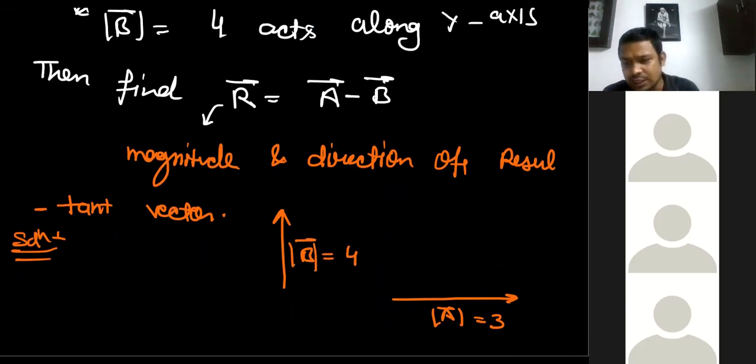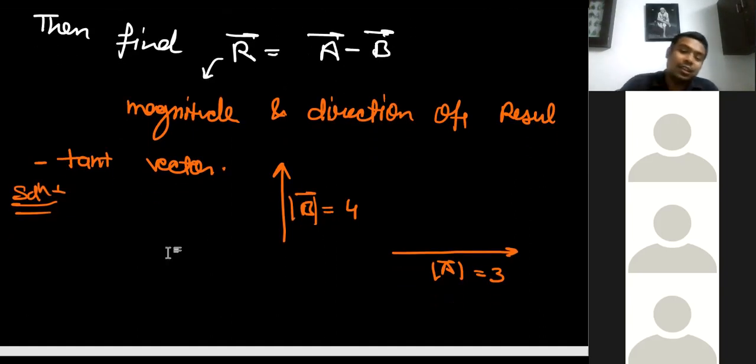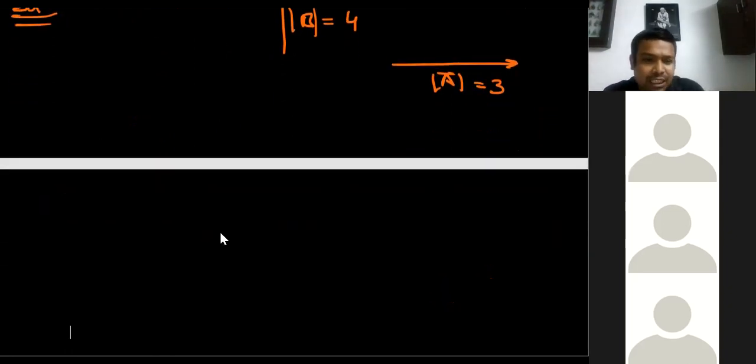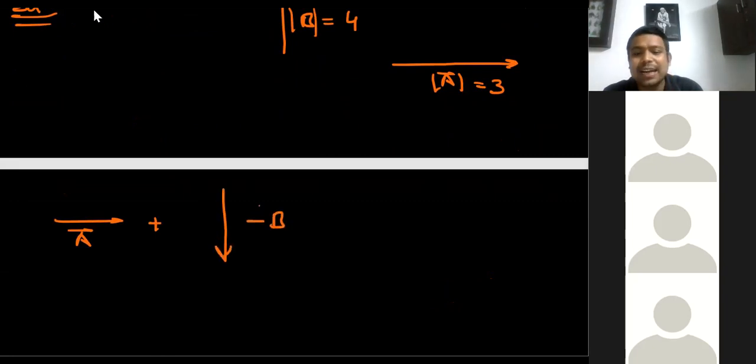So this is the situation. Suppose vector B acts along the positive y direction, so what is negative vector B? Vector A along this direction plus this vector is minus B vector. Am I right or wrong? Tell me, my dear friends.